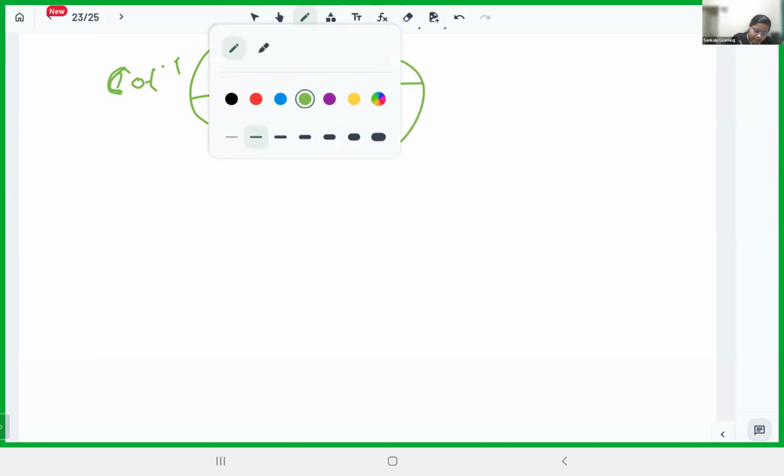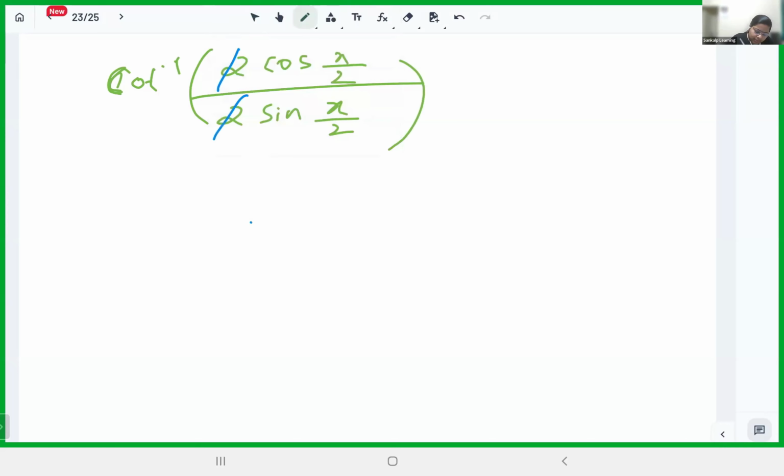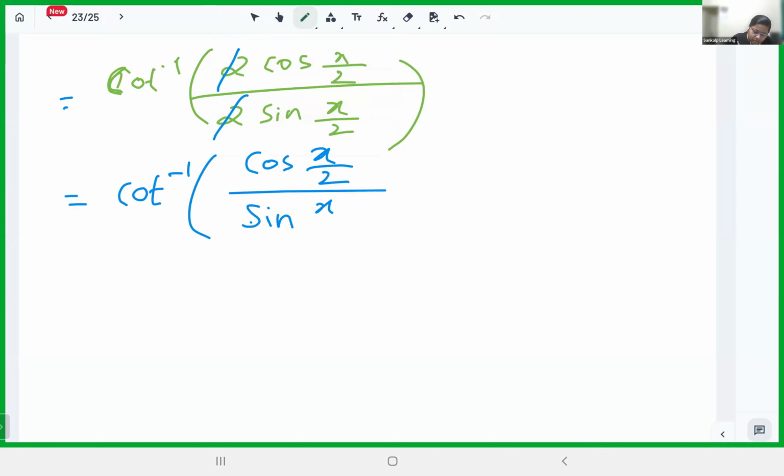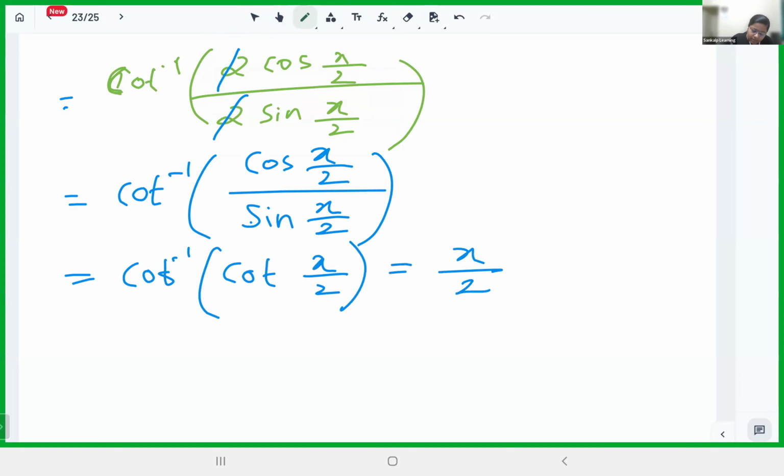Isn't it? And we can cancel this 2 and 2. So this will become cot inverse of cos x/2 by sin x/2. So that is equal to cot inverse of cot x/2, since cos by sin is cot. So that is equal to x/2.